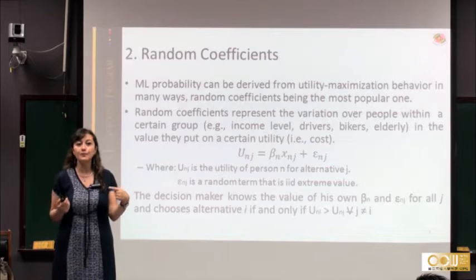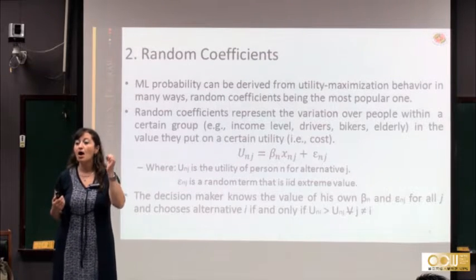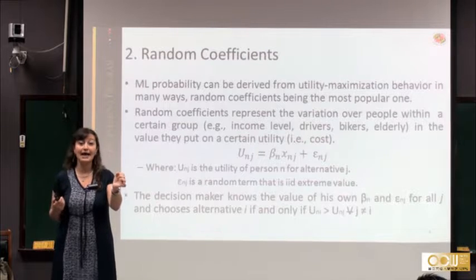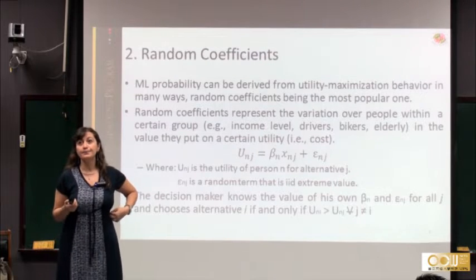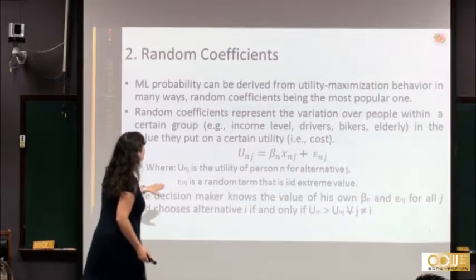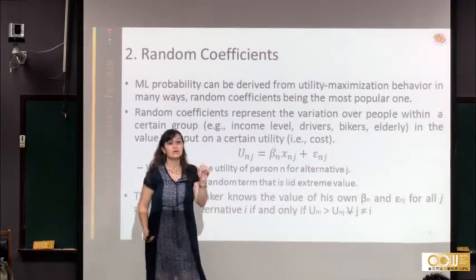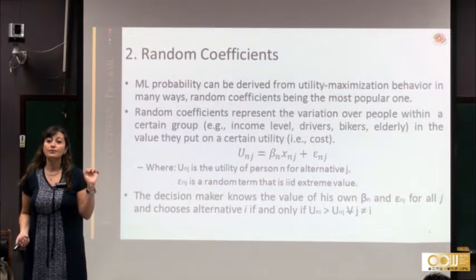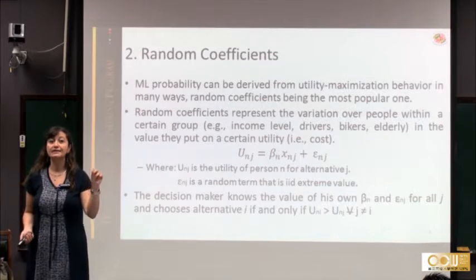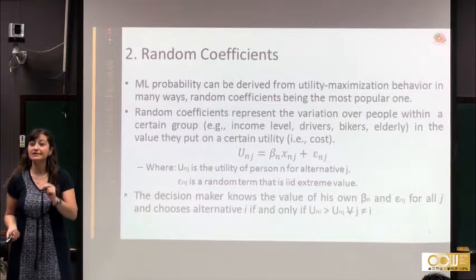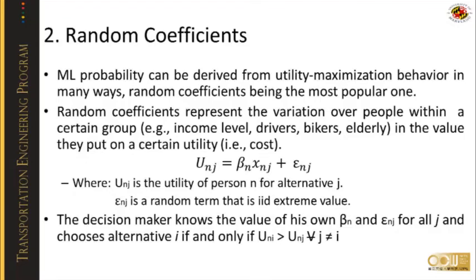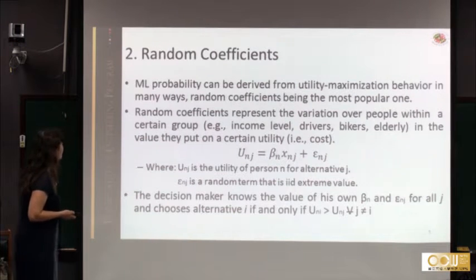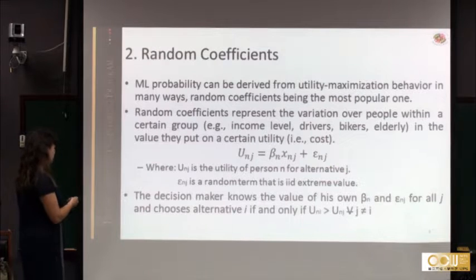You need to know when these people are willing to pay a small amount or when they are willing to pay a high amount. Or depending also on income, for example. Low-income populations are expected to have a lower value of time than people that have high income. And with mixed logit, you can have the entire distribution of value of time estimated. So the rest is the same. This is exactly the same formulation that we have seen so far for the random utility maximization model.